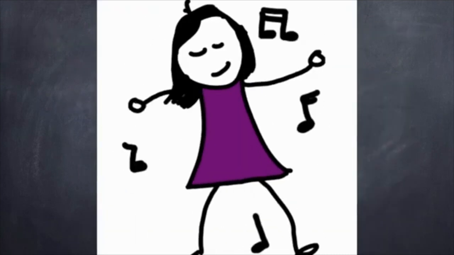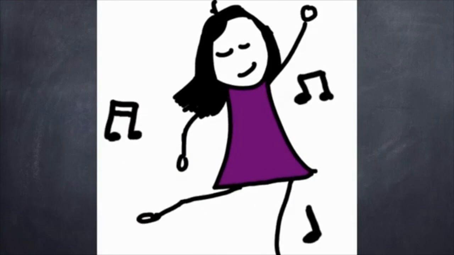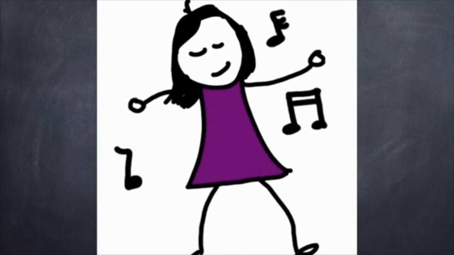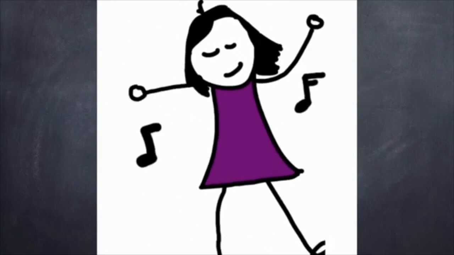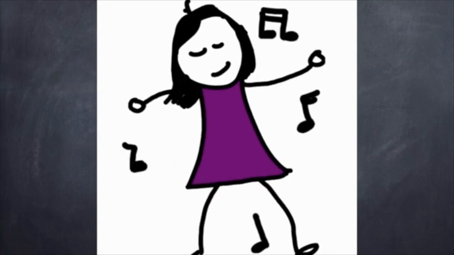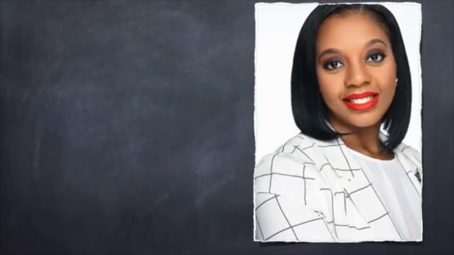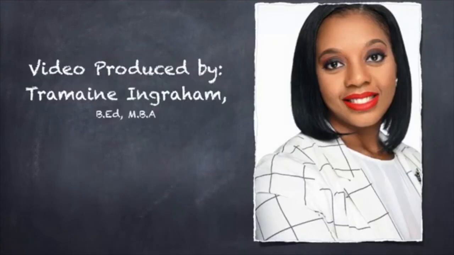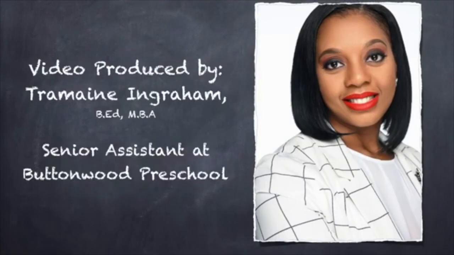You did such a good job today. This is my happy dance. Can you do a happy dance with me too? Awesome job. Goodbye. This video was produced by Tremaine Ingram, Senior Assistant at Buttonwood Preschool.